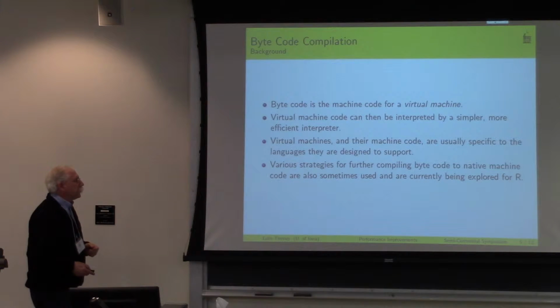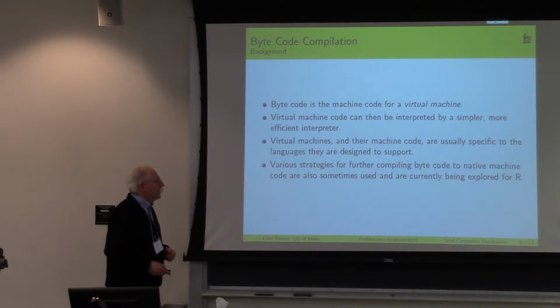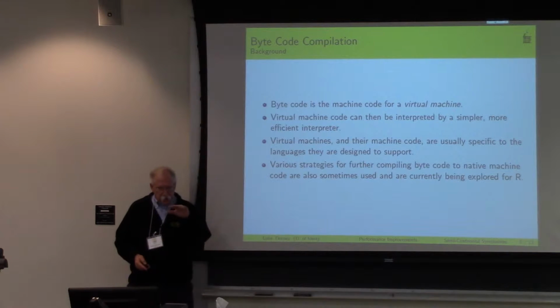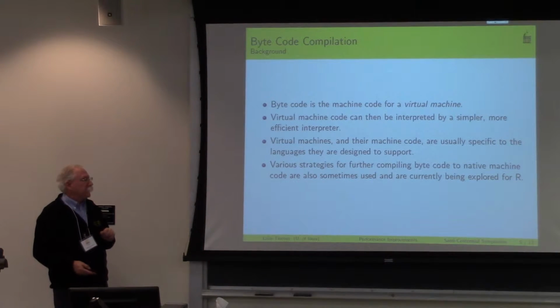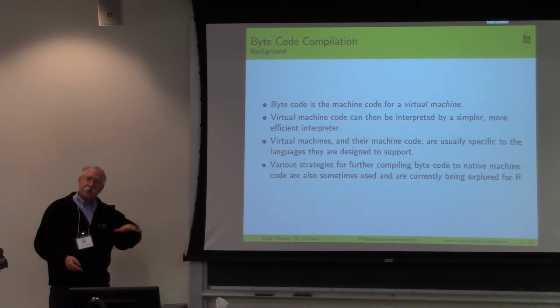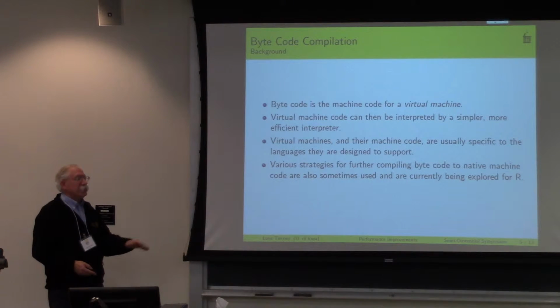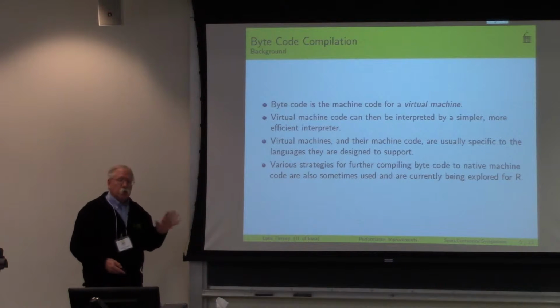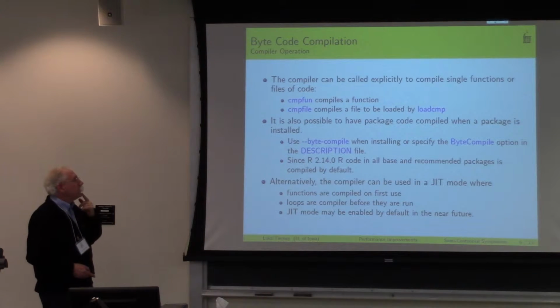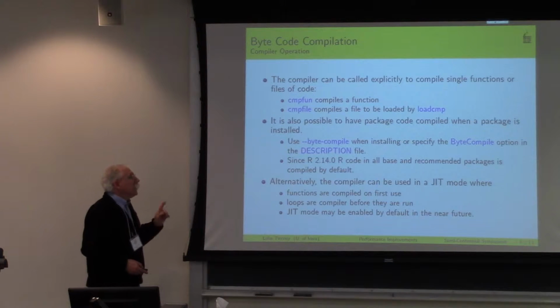So we follow that approach in R as well. Once you've got translation for this simpler machine, there are other strategies you can follow from there. You can translate actually down to machine code and then run it in the most efficient way. And that's one of the options we're looking at. I'll say a few words later about that.